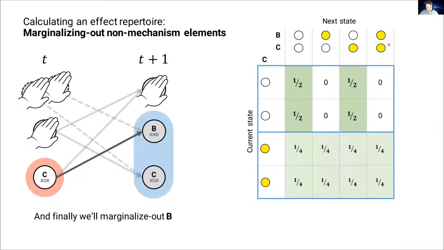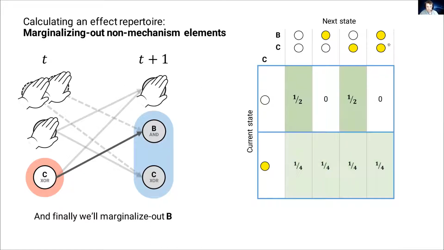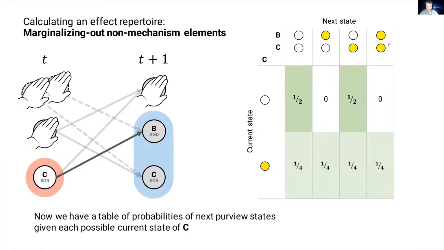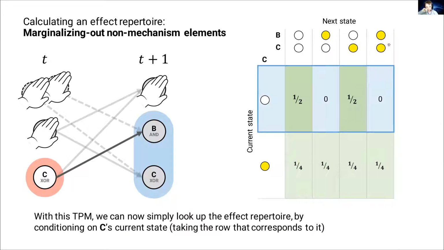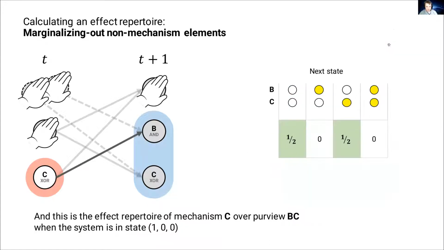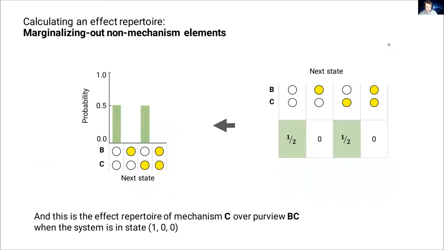And we note that C is in the off state. So we're going to select C in the off state, and that gives us the effect repertoire for the mechanism C over the purview BC, with C being in an off state at the previous time point.